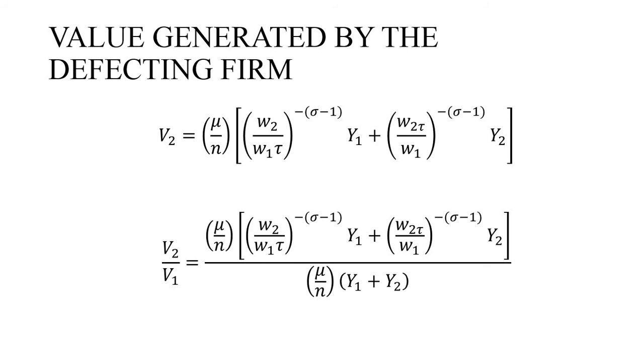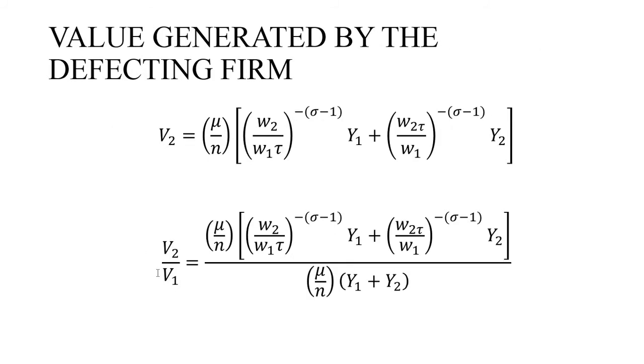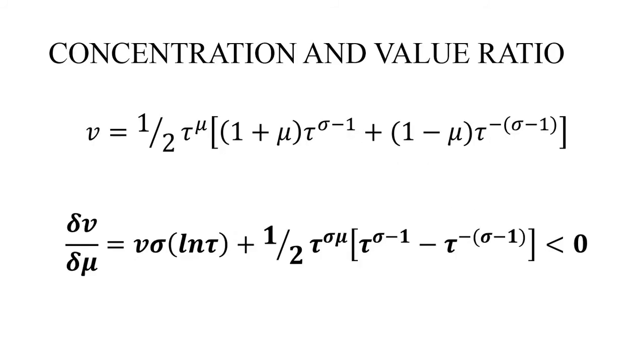We are interested in the ratio of values generated in the two regions, described by small v. You can obtain this value by dividing the value generated in the second region by the value generated in the first region, and you will obtain this expression.